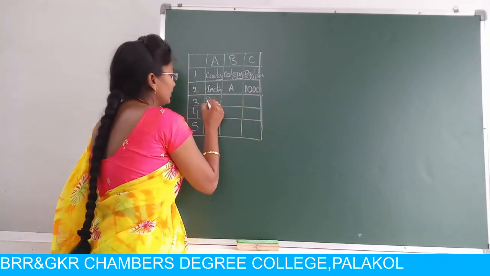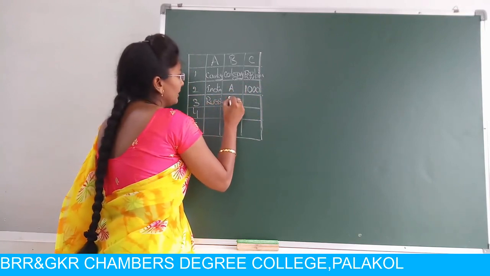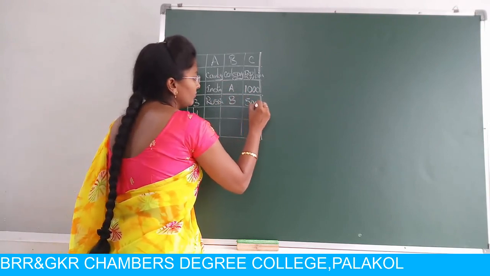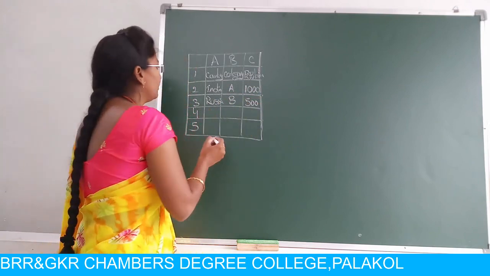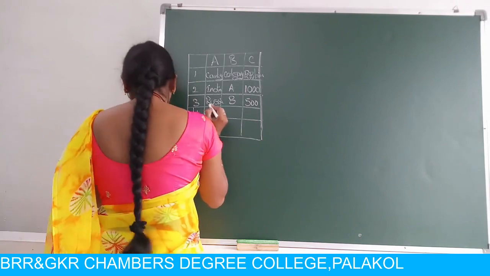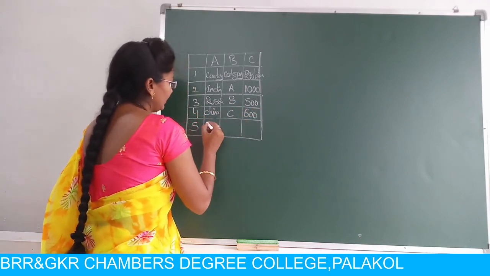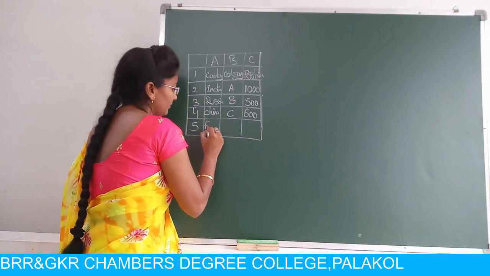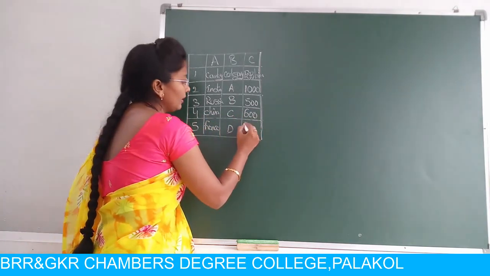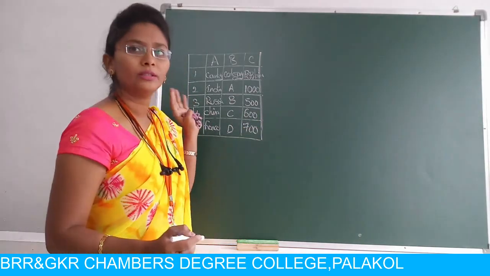And then Russia, category B, and it's for 500, and then China in category C and 600, and then France, category D, and it's for 700. This is the data entered in the Excel sheet.